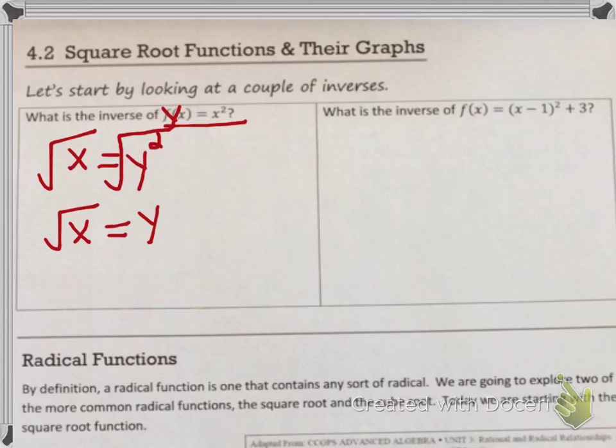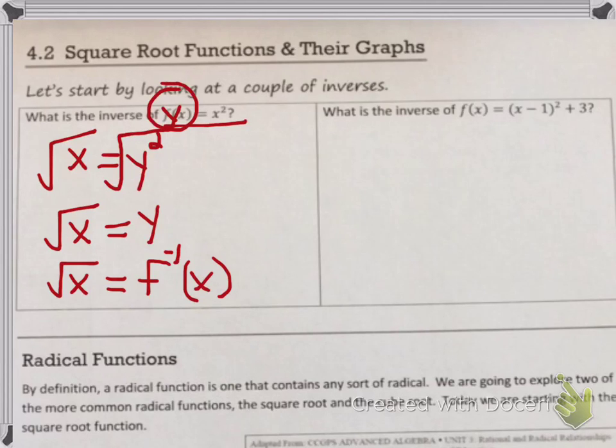But our y was really an f of x value, so I need to rewrite that as f of x. And be reminded that it isn't the original function, it's the inverse function, so we put the -1 on it to imply that it's the inverse of the original function.